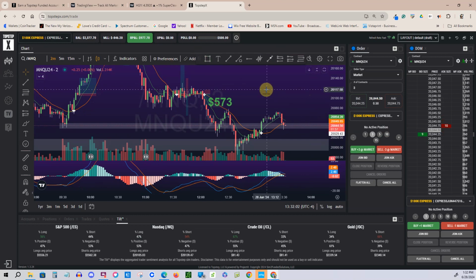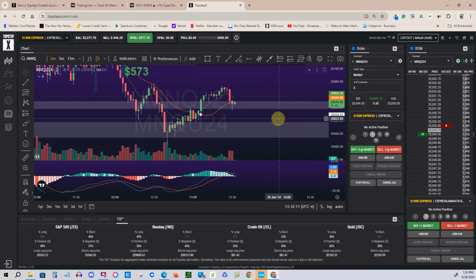When you sign up with TopStep and you pay for that combine account, the initial evaluation account, they give you access to TopStepX. This is what it looks like, and this is where you're going to be putting trades on and trying to pass those initial evaluations. Once you pass the evaluation, they award you an XFA account, which is an Express Funded Account.